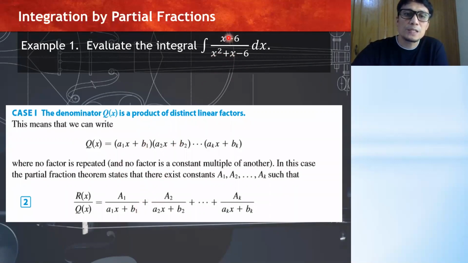So this can be expressed as a sum of two partial fractions where the denominators respectively are x plus 3 times x minus 2. So what we're going to do is to express this as a sum of partial fractions using the method suggested here.